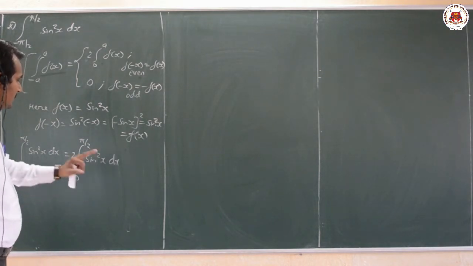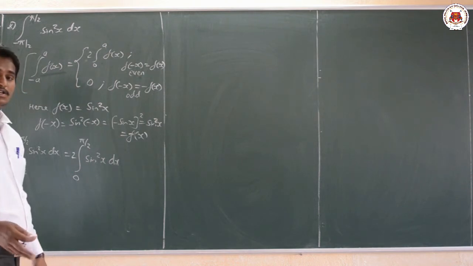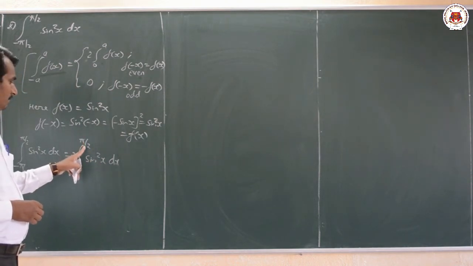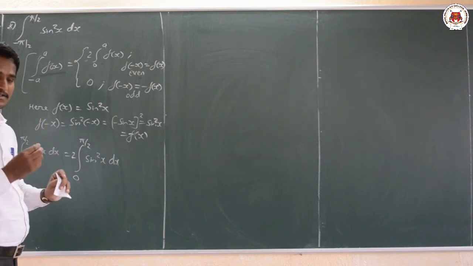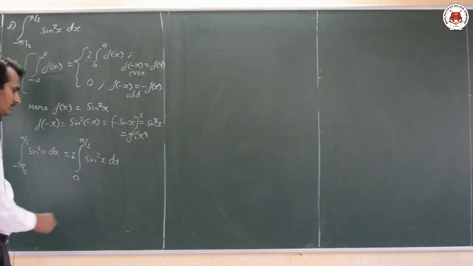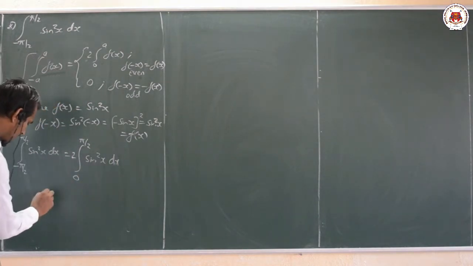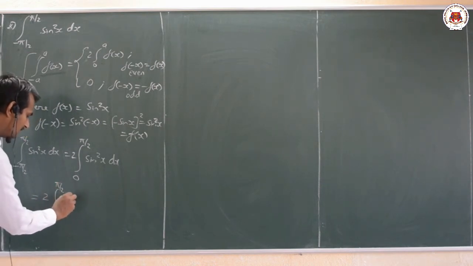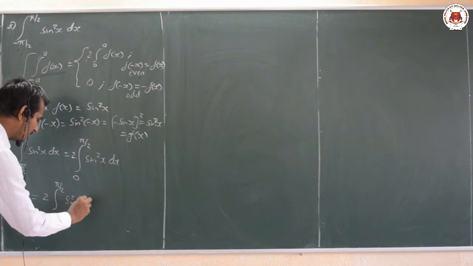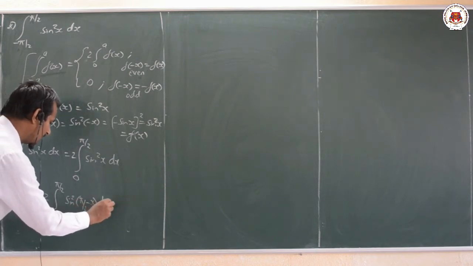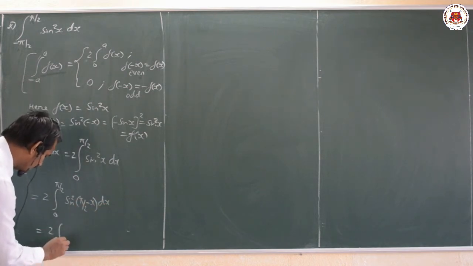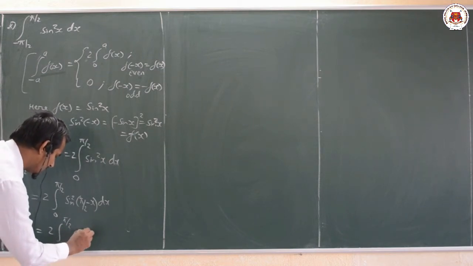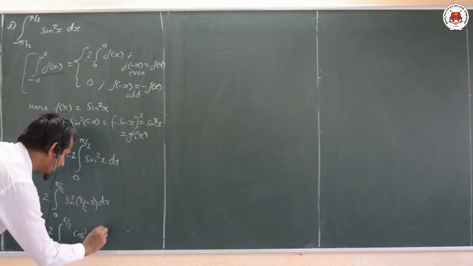How to find this particular value: in the previous class we had seen that in the place of x we can substitute pi by 2 minus x. So it equals 2 into the integral from 0 to pi by 2 of sin square of pi by 2 minus x dx, which becomes cos square x dx.